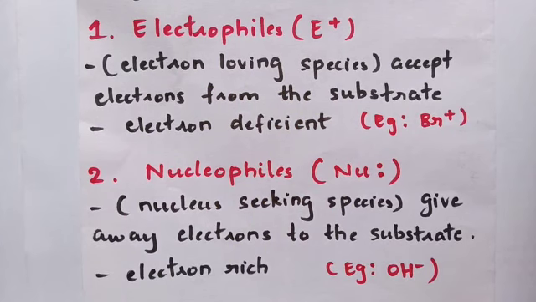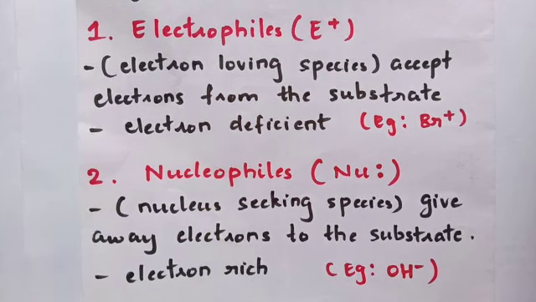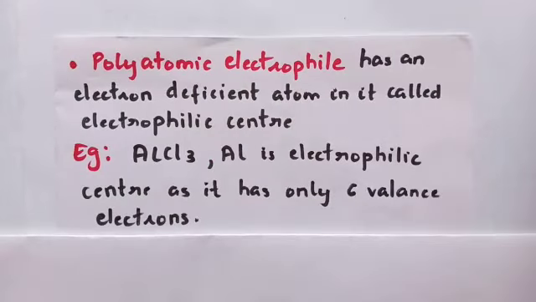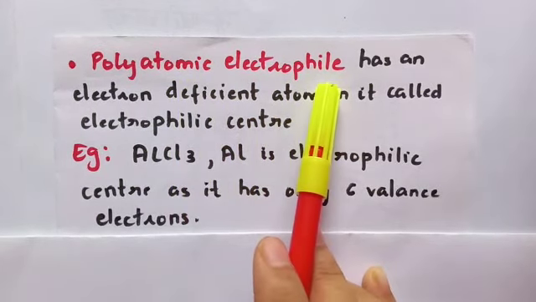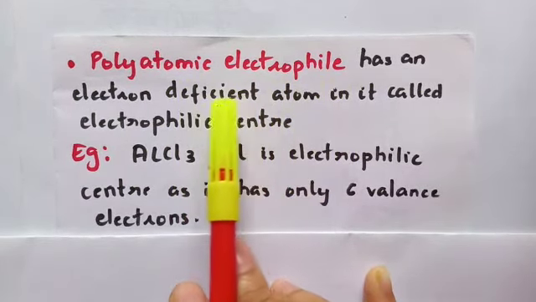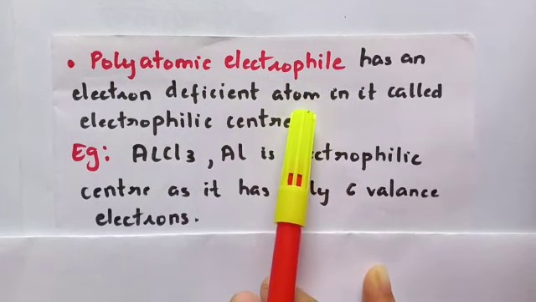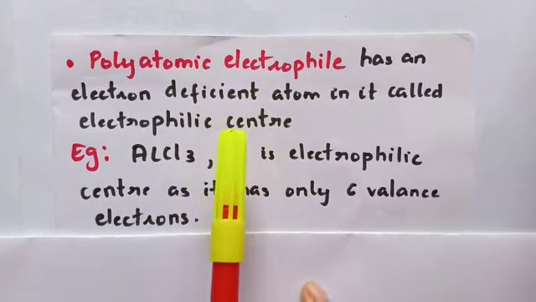Students, this is a very important topic, electrophiles and nucleophiles. It is going to repeat in many chapters and even in your 12th standard, so please see to it that you understand it. Now students, let's talk about polyatomic electrophile. In a polyatomic electrophile, there is an electron deficient atom called the electrophilic center.